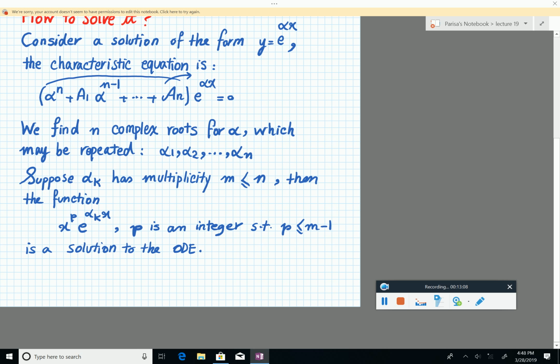Just for the sake of completeness, I write that, I know you all know that the general solution will be a linear combination. And we have defined linear combination very early on.